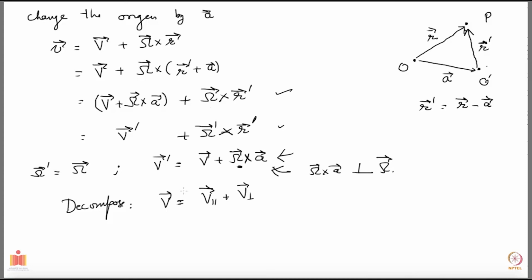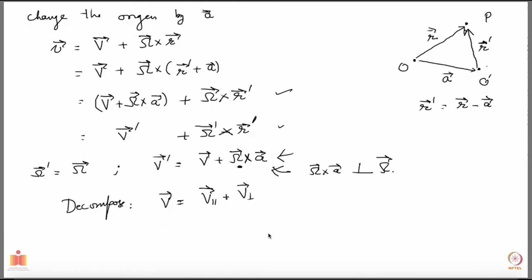So let me just write a line here. So V perpendicular... that's not a very nice line.